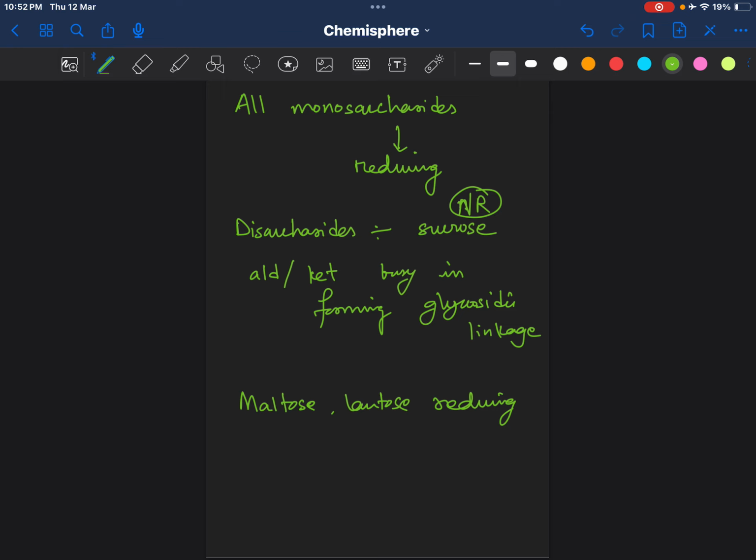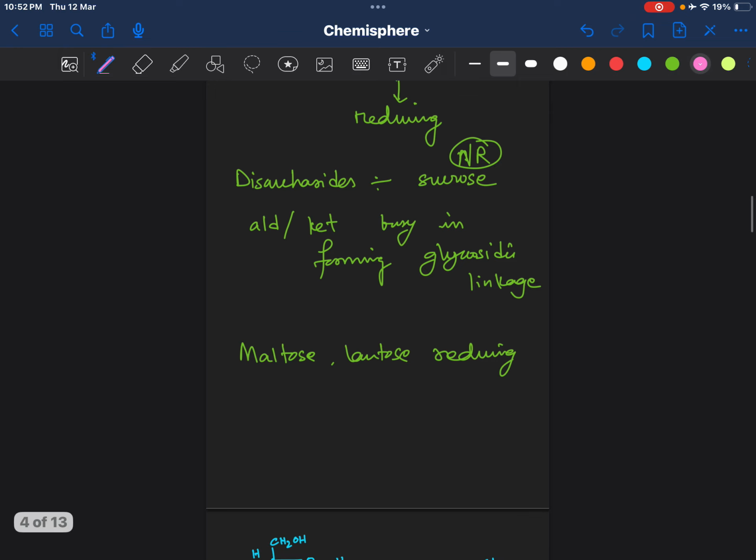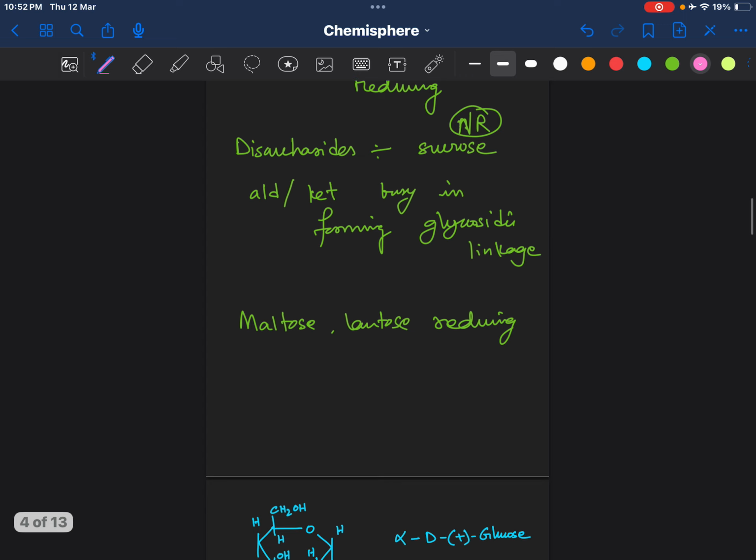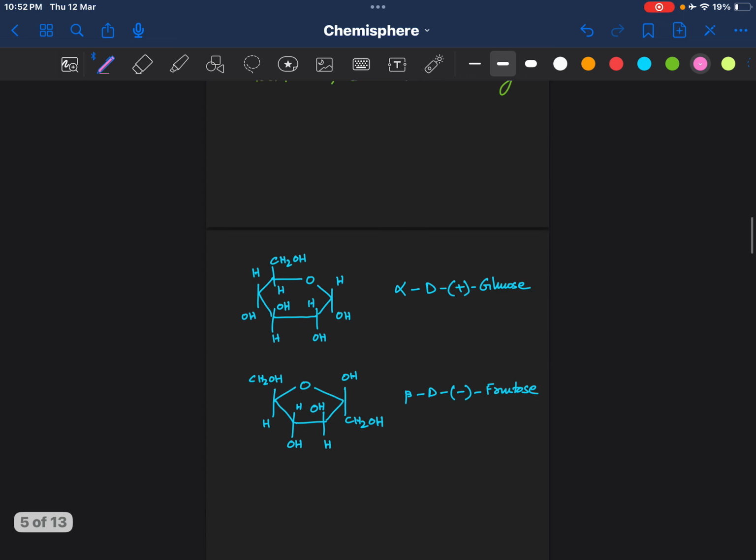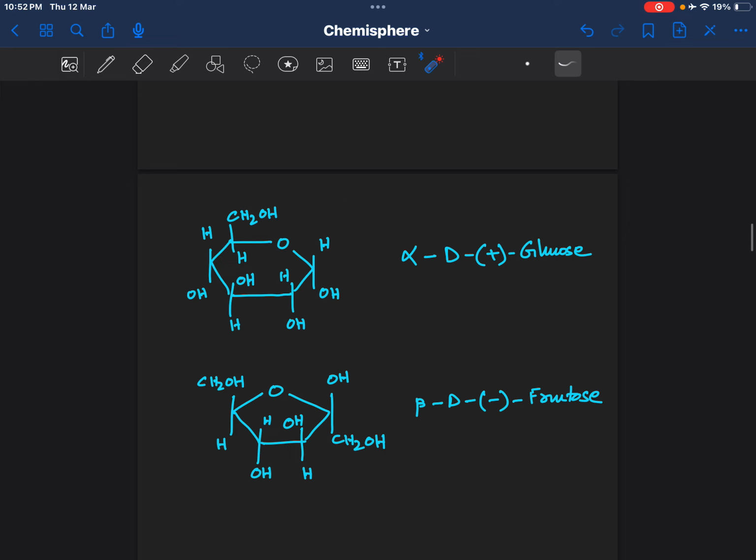Also, before we see the options, we need to understand the structure of alpha D glucose and beta D fructose. This is the structure of alpha D glucose, and here I will give numbers 1 2 3 4 5 6 for the carbon atoms. The first carbon, which I am marking with a star, is the aldehydic carbon or the reducing center.